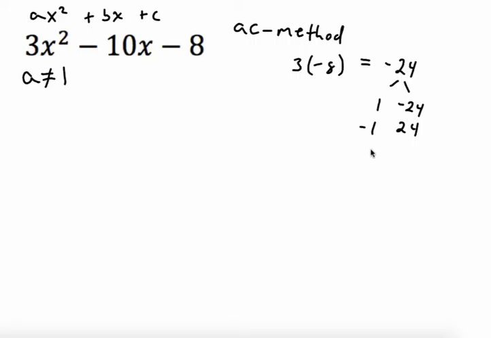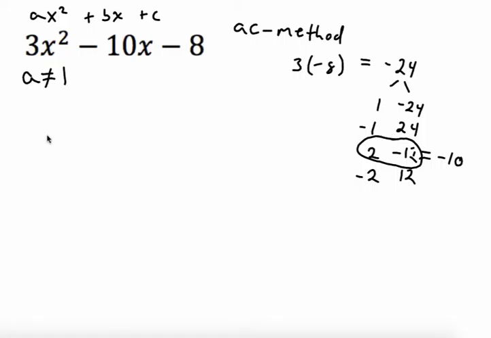Or we could have a 2 and a negative 12, or a negative 2 and a positive 12. I can keep going, 3 and 4, but look, I think we've already found our pair because 2 subtract 12 right here, that is negative 10. So this 2 and negative 12, that is the pair that I'm going to use.